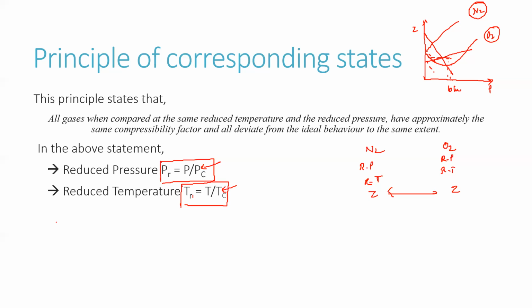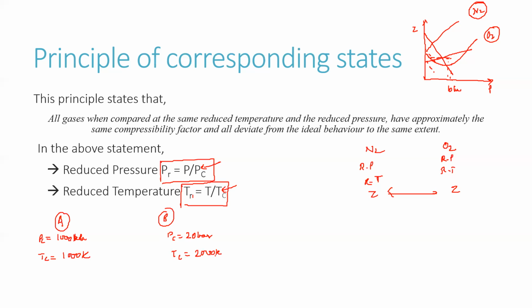Let's say for a particular gas A, the critical pressure is 1000 kilopascal, and the critical temperature is, let's say, 1000 Kelvin. And let's take another gas B which has critical pressure of, let's say, 20 bar, and critical temperature of, let's say, 2000 Kelvin.